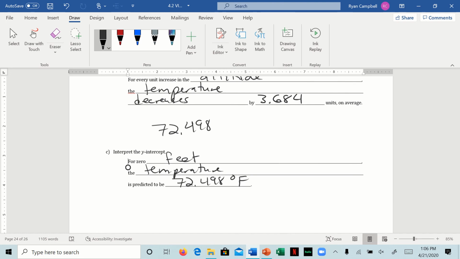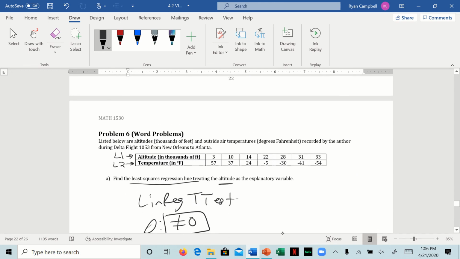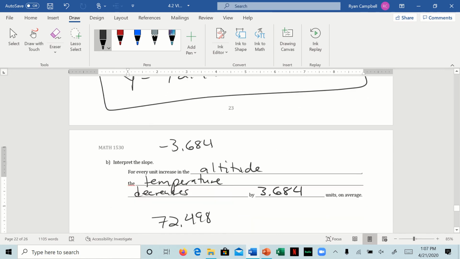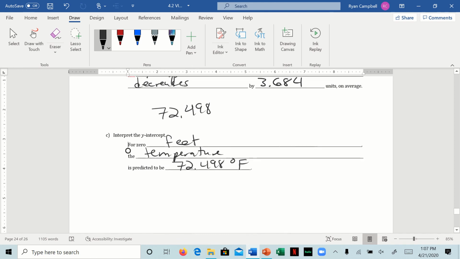Does this make sense? Well, it doesn't say that our altitude can't be 0, so that's good. And can a temperature be 72 degrees Fahrenheit? Yeah, absolutely. So actually, this one does make sense. Woo! We finally got one that makes sense.